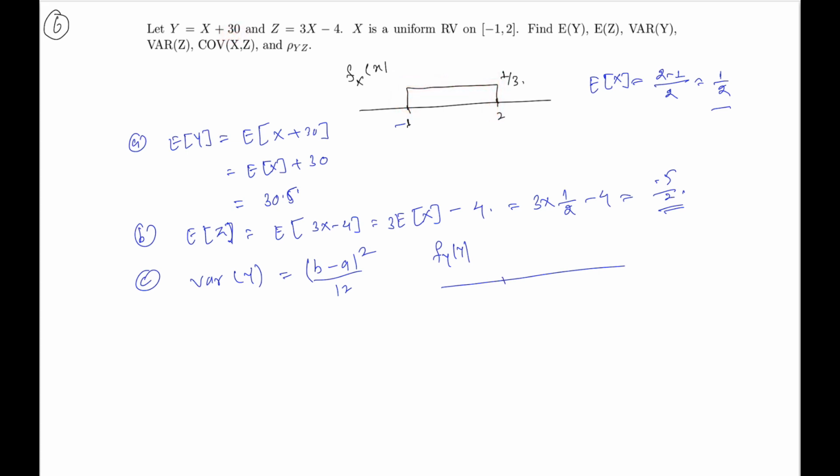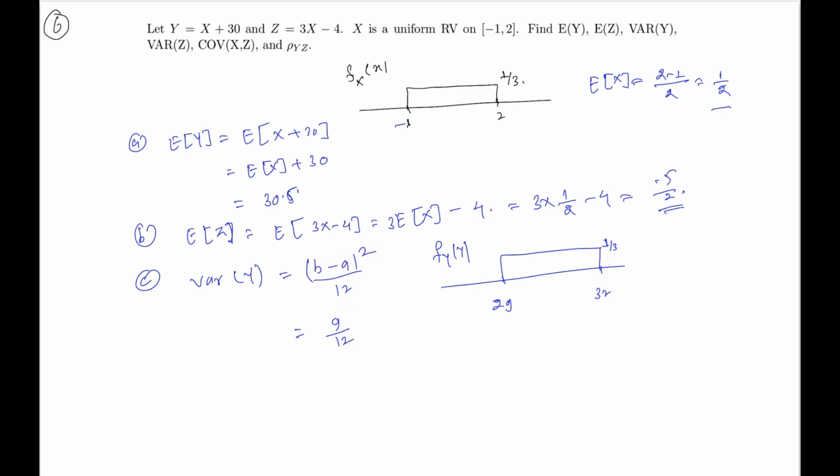So minus 1 will get shifted to 29, and 2 will get shifted to 32. So b is 32, and a is 29. This difference is 3, so 3 whole square divided by 12, that is 9 divided by 12.